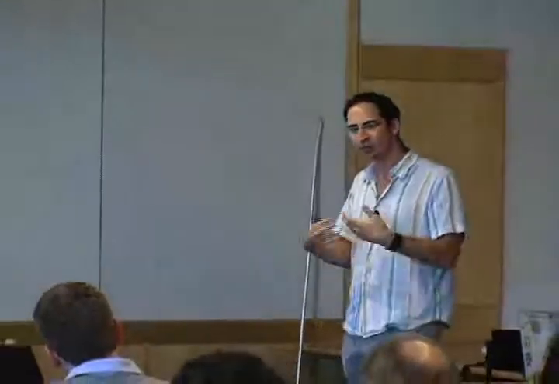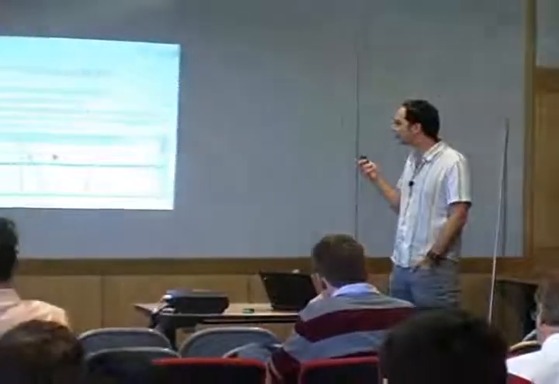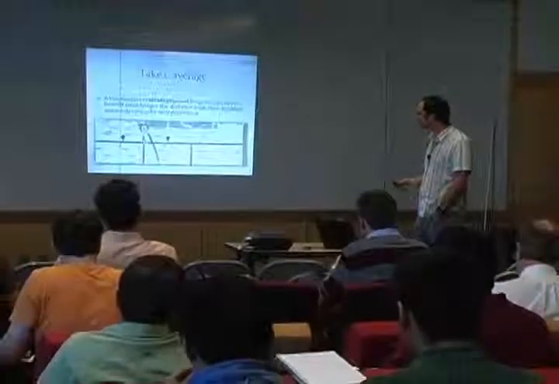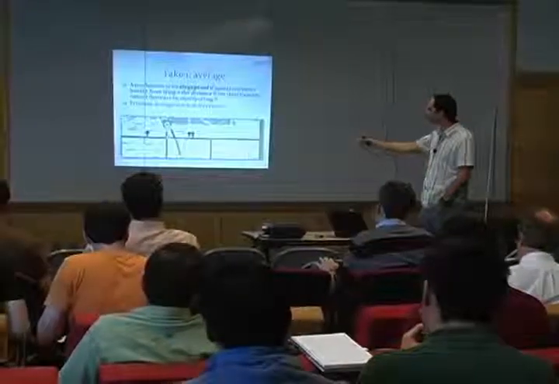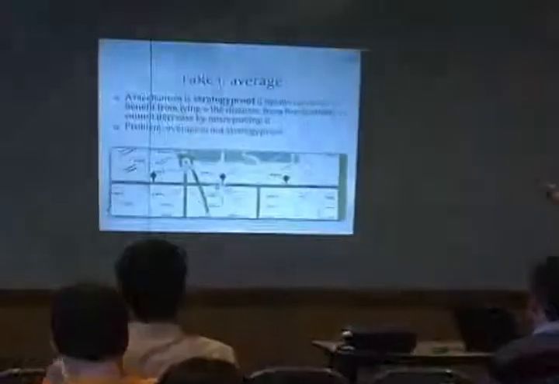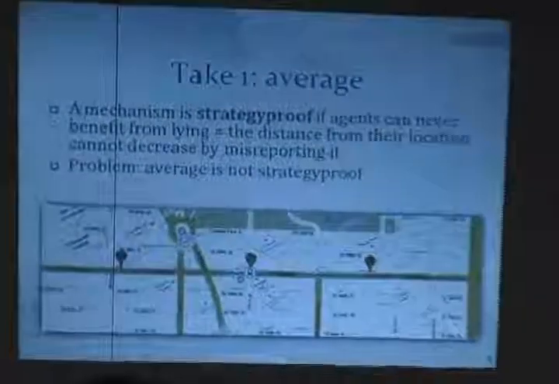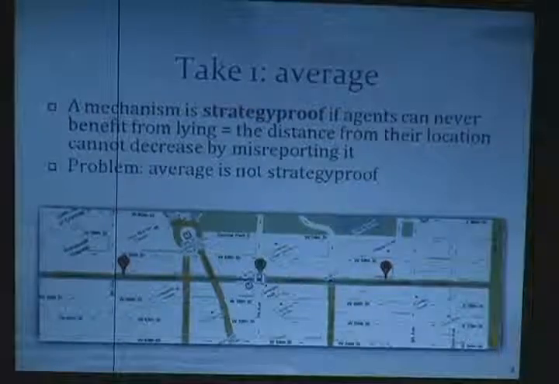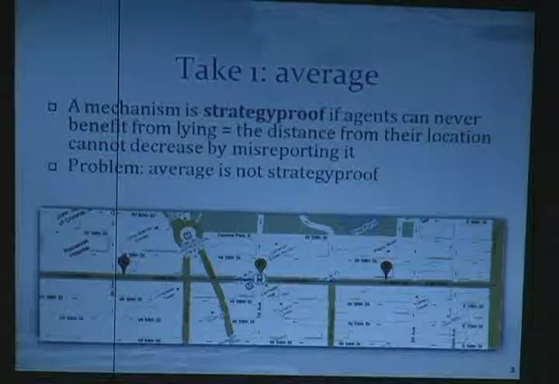In order to see this, let's think about agent B. Let's say agent B is trying to lie in order to improve the outcome for himself. What agent B can do is pull its reported location, let's say somewhere to the right. And as it pulls its location, it's pulling the location of the facility with it. In particular, if agent B reports a location that's twice as far from A, it can get the midpoint, the location of the facility, to be exactly on his real location.